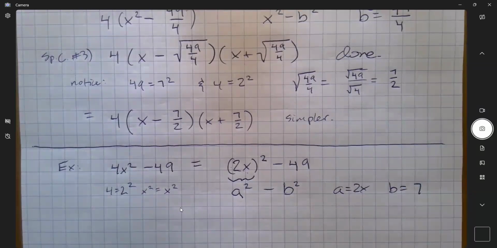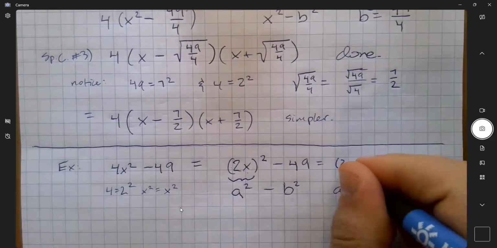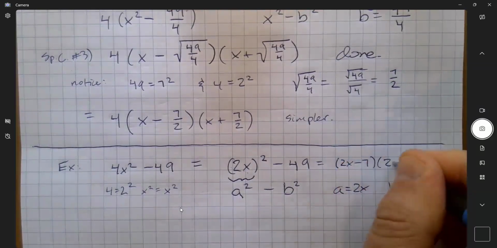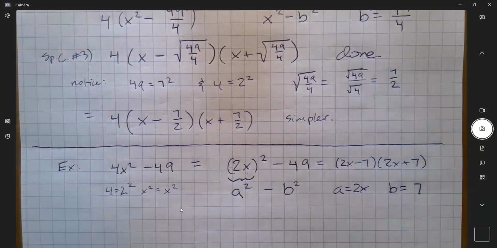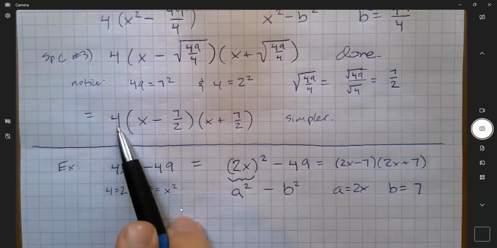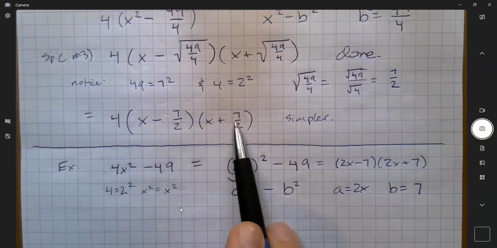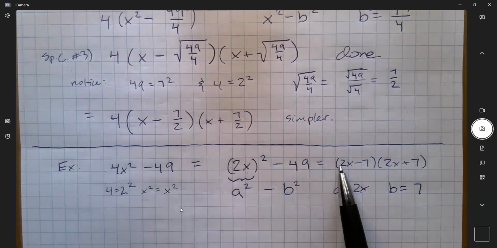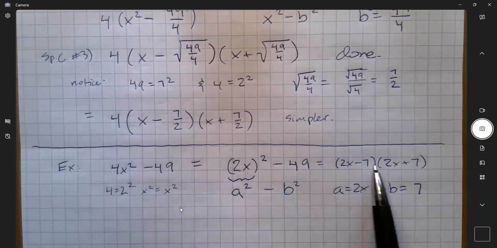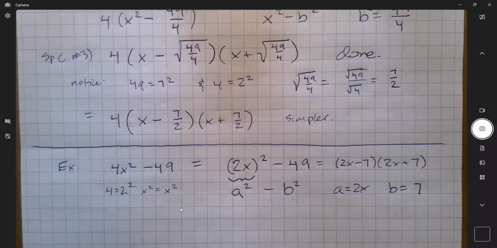B must be 7. 2x quantity squared minus 49 is therefore 2x minus 7 times 2x plus 7. And these forms, the first one I have up here, 4 times x minus 7 halves times x plus 7 halves, is exactly equal to 2x minus 7 times 2x plus 7.